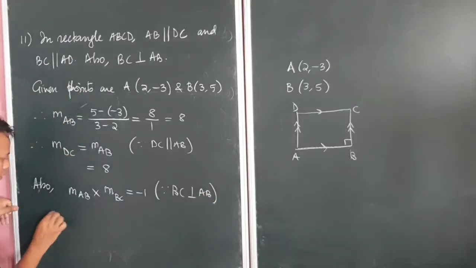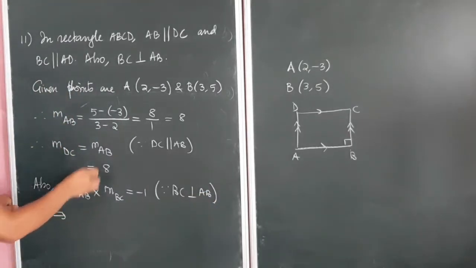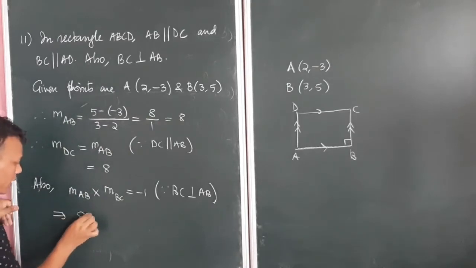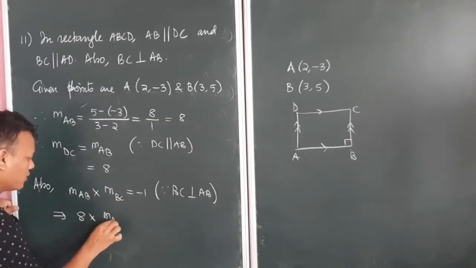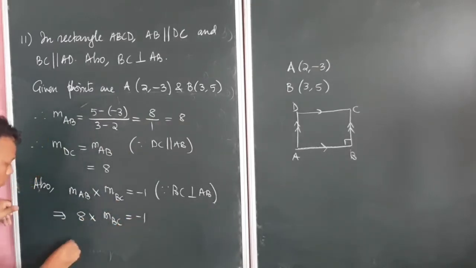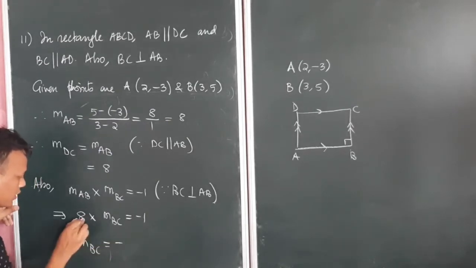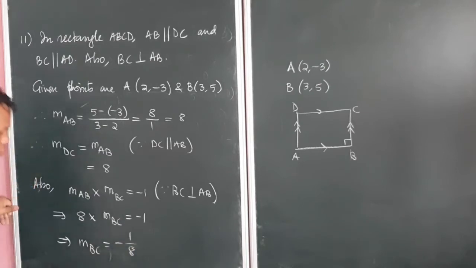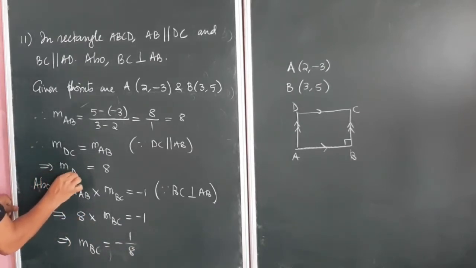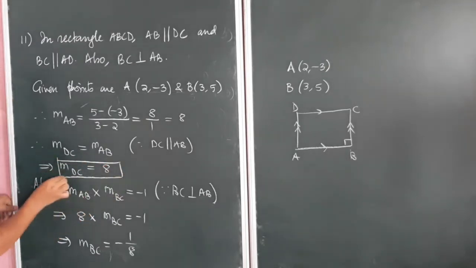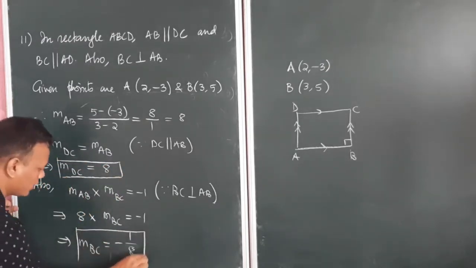Alright, so let us put the values here. What is the slope of AB? Slope of AB is equal to 8, into slope of BC equals minus 1. So from here the slope of BC turns out to be minus 1 by 8, as this 8 goes over there. So this is my another answer. So this is my slope of DC, one of the answers, and this is my another answer.